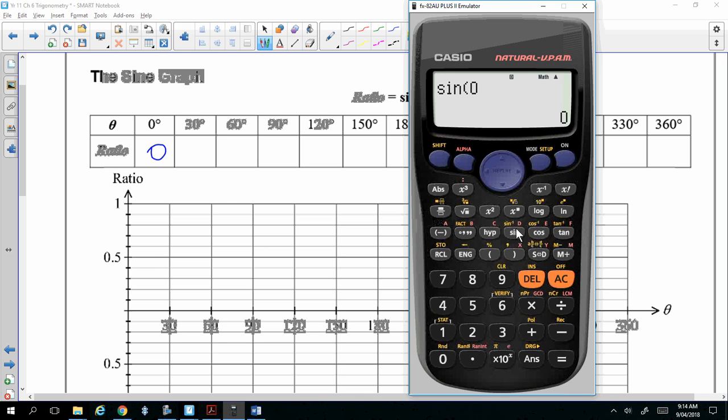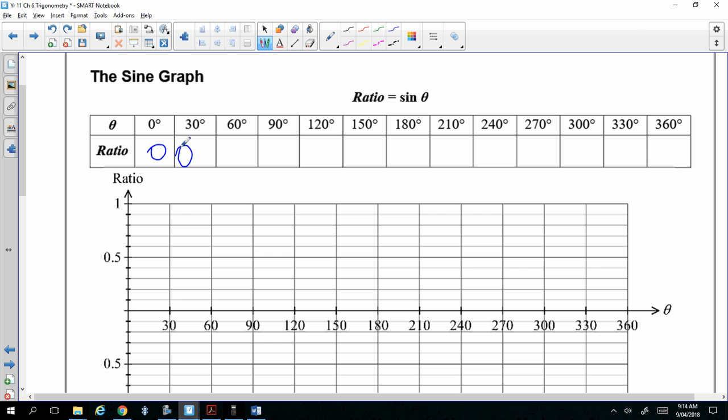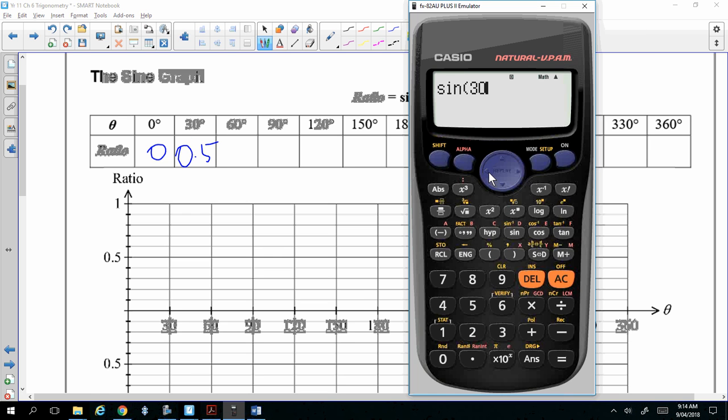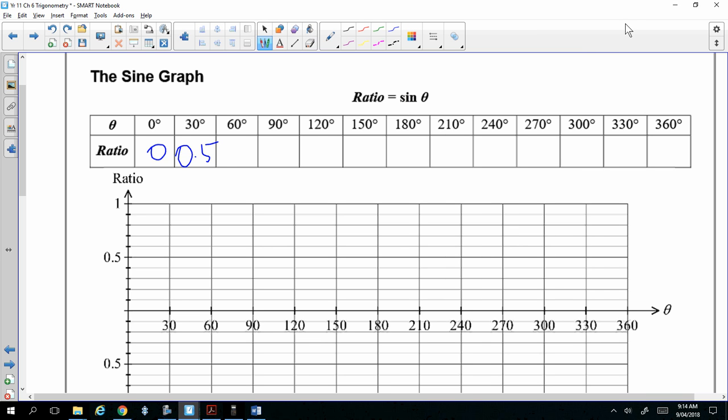And you round to one decimal place where necessary. The next one, sine 60, you get 0.9. The next one is 1. And then you just finish it. And then I think 0.9 again, etc. Okay? Finish that off. So use your calculator.